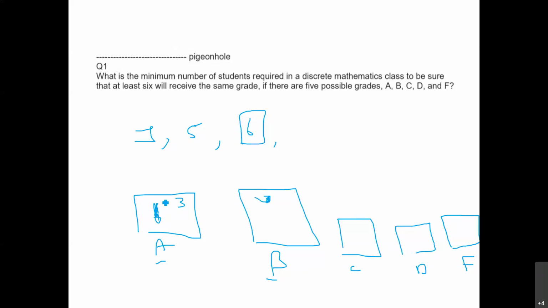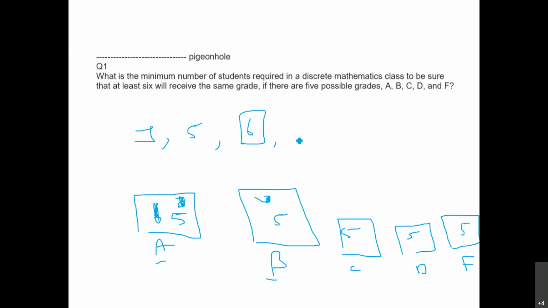So you can think of it vice versa. What's the best number you can take such that 6 don't get the same grade? It's 5, 5, 5, 5, 5. That's the best I can do. 25 students. If you give me 25 students, I can split them 5, 5, 5, 5, 5, and I get away with it.